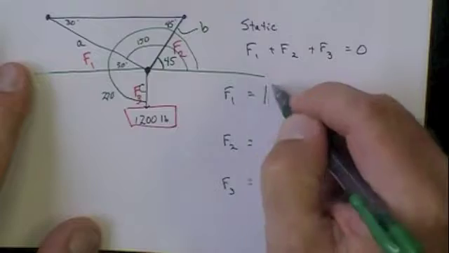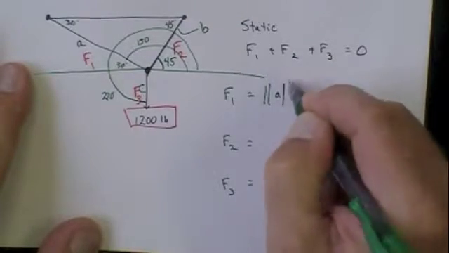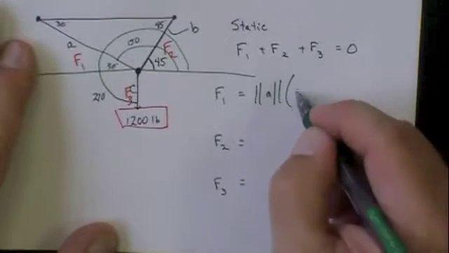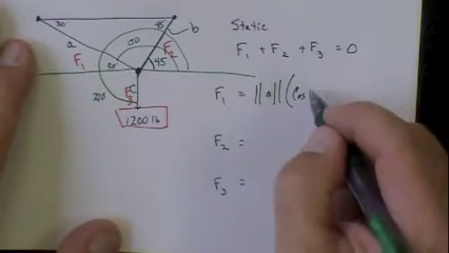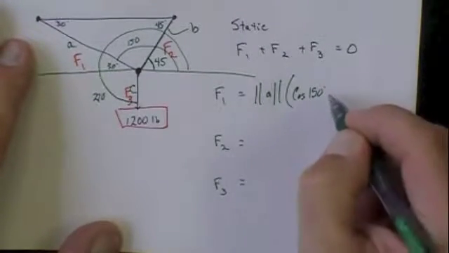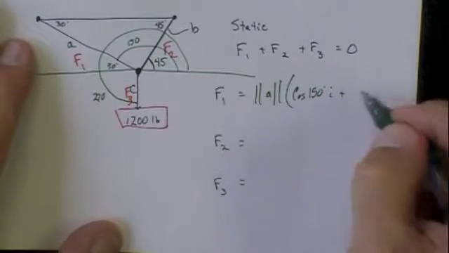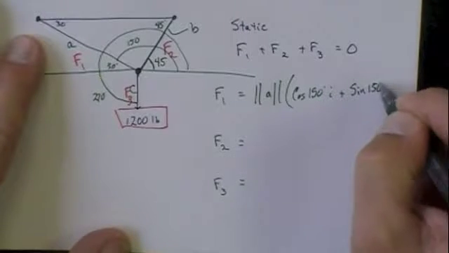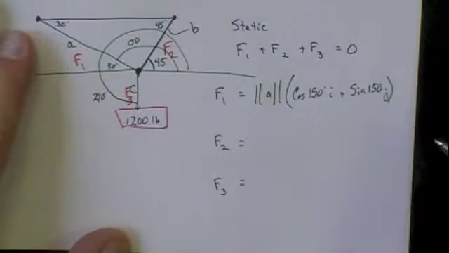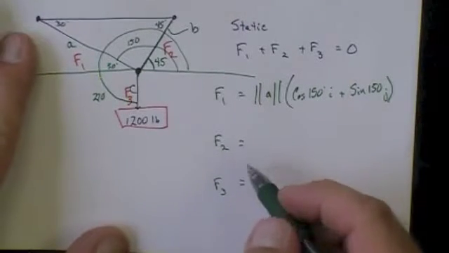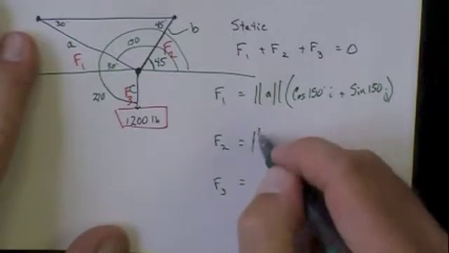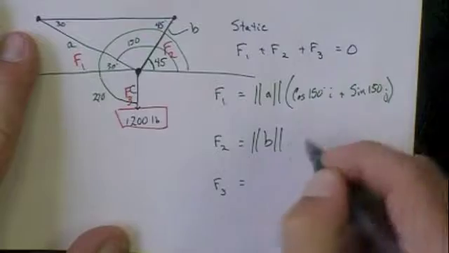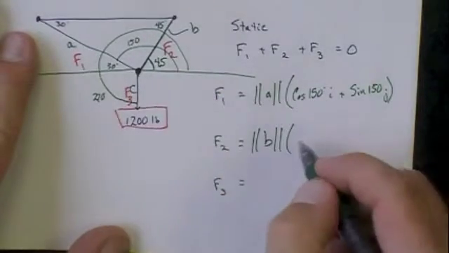So what we need to do is we take the magnitude of A, and then we have the cosine of our angle. In this case, that was 150 degrees. That's our i component. And then we have the sine of that angle, and that's our j component. We're saying the same thing then for force 2, only now we're talking about B, and our angle has changed. That's our 45 degrees.